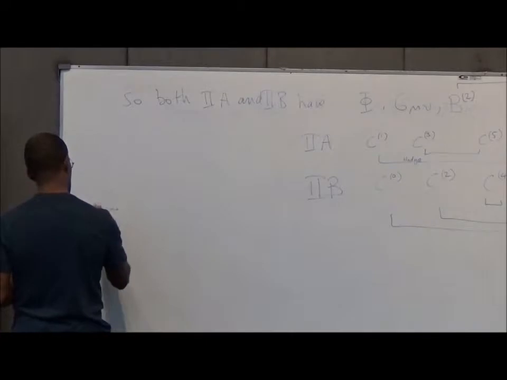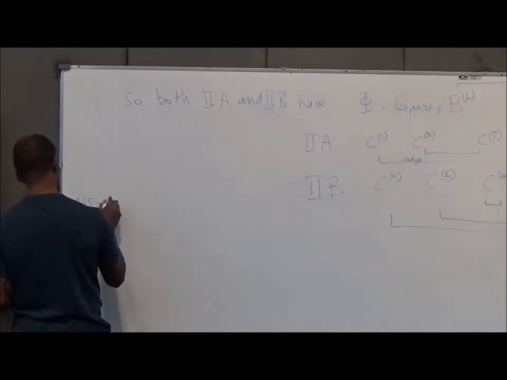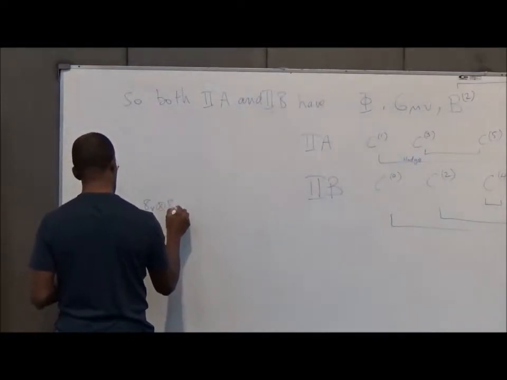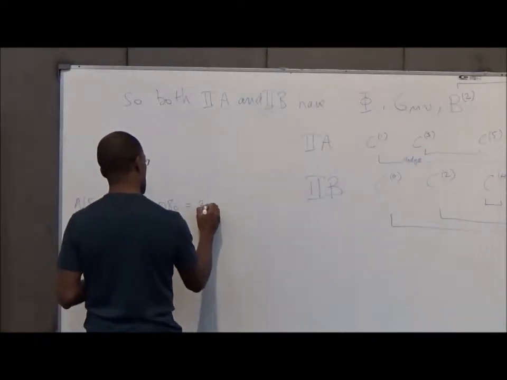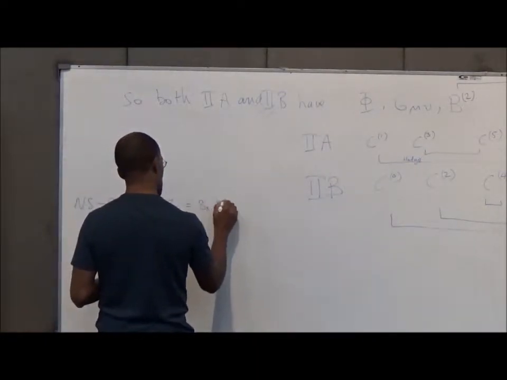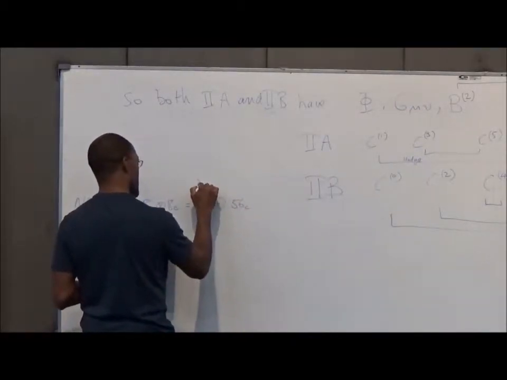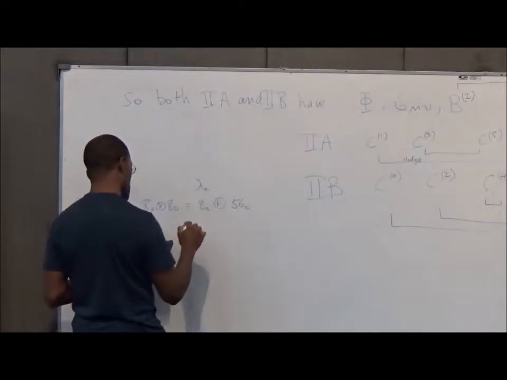In the Neveu-Schwarz-Ramond sector, I have 8B plus 8C plus 56C. And so, as I said, I could write that, in terms of fields, as something like that.